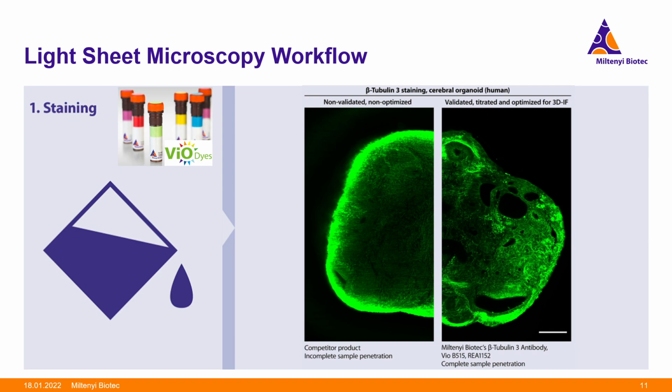You can observe this with the image on the right. Here, a cerebral organoid was stained with beta-3 tubulin. In the case of the Miltenyi Biotec 3DIF antibody, this antibody has penetrated deeper into the organoid, reaching the center, so that distinct features can be seen, whereas if we compare this to the image on the left, these features look impaired.